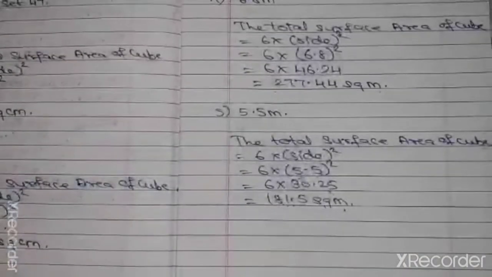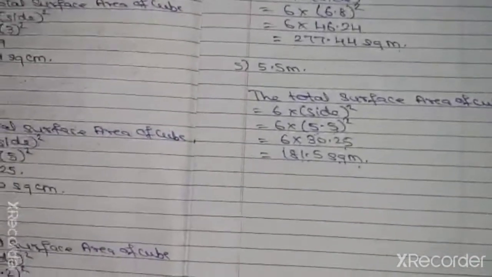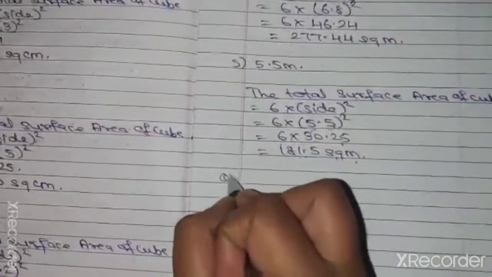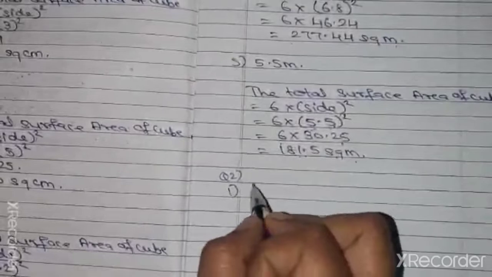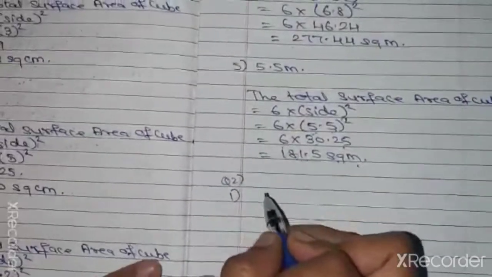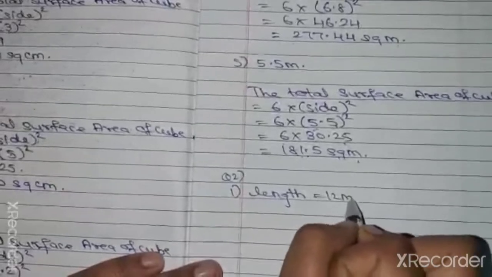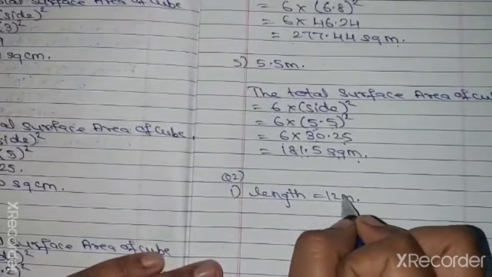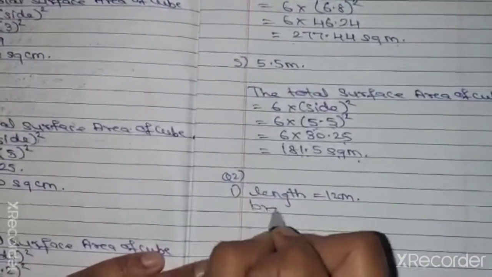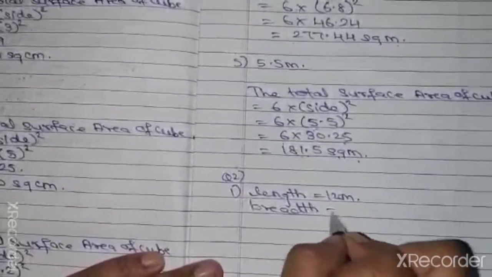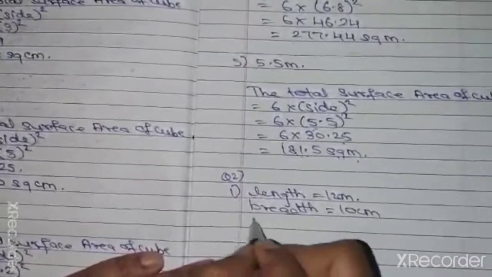First sum. Question number 2, first sum. Length equal to 12 centimeter. Breadth 10 centimeter.